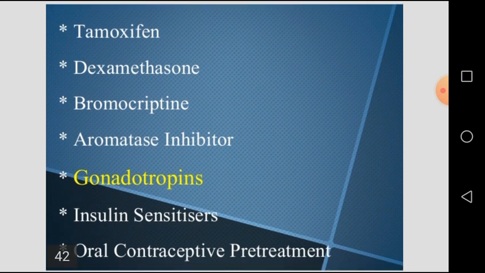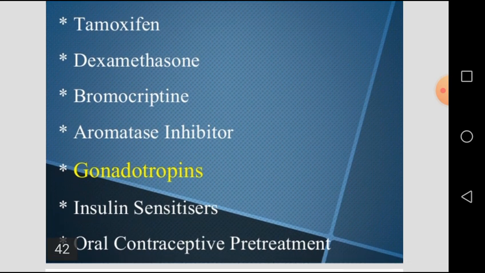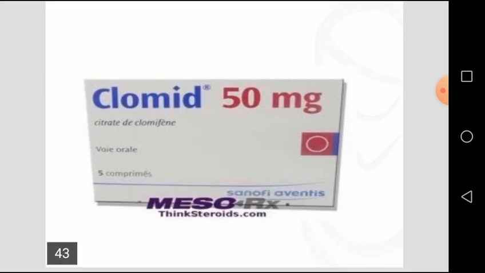So what are the other trade names or combinations? Tamoxifen, dexamethasone, bromocriptine, aromatase inhibitors, gonadotropins, insulin sensitizers, oral contraceptive pre-treatment.